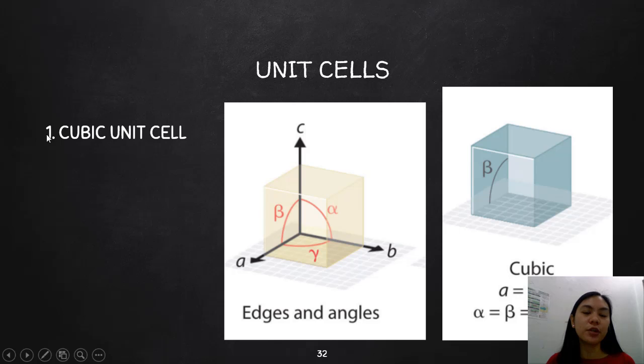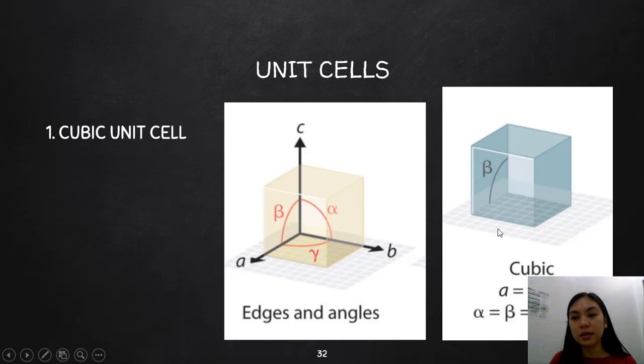So let's have your first unit cell. We call this your cubic unit cell. It's the simplest among all of the unit cells. So parang madali lang naman siya kasi it's simply a cube. So ibig sabihin, pag cube yan, 'di ba? Your tawag dito, your line A, ito po yung line A, is equal to your line B and is equal to your line C. Kasi pare-pareho sila ng size ng edges or yung length po ng edges.